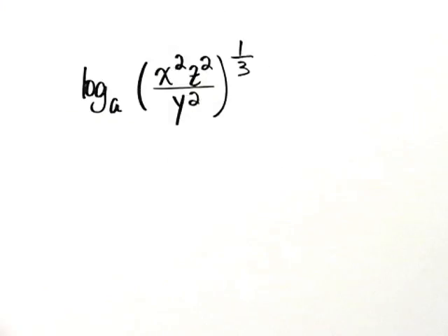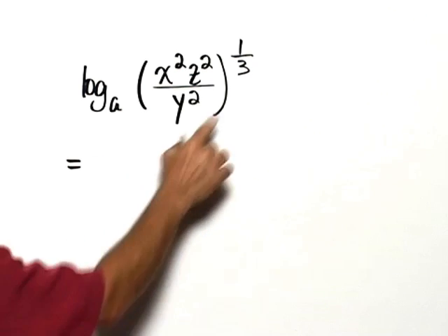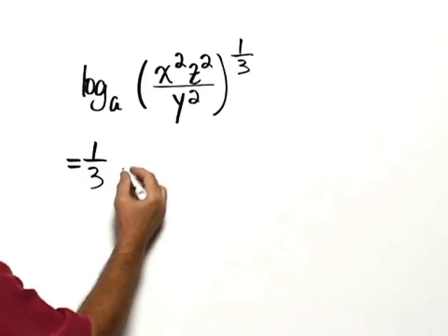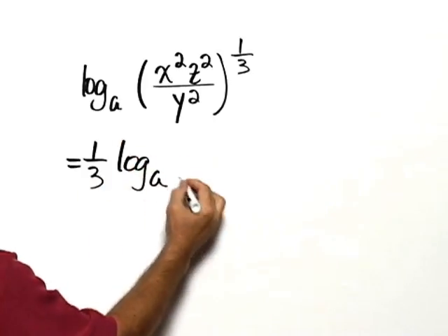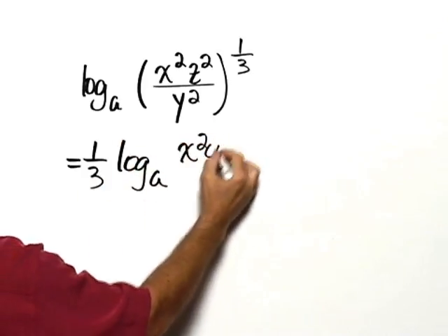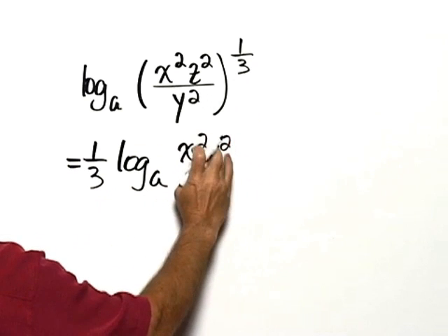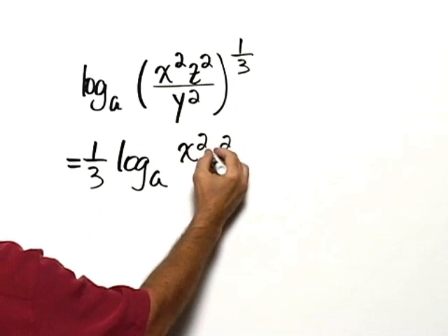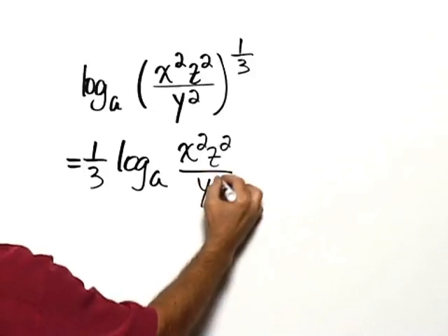And so we'll use the power rule to say that this is equal to 1/3 the log base a of x squared z squared divided by y squared.